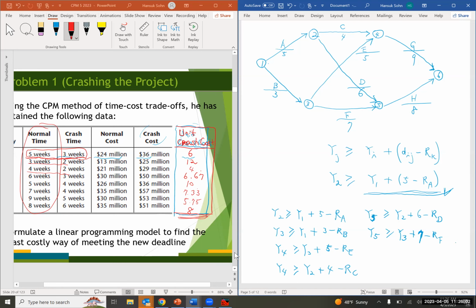Likewise, for arc 4, 6, it's going to be y sub 6 greater than or equal to y sub 4 plus 9 minus r sub g, right? So last one, for arc 5, 6, y sub 6 greater than or equal to y sub 5 plus 8 minus r sub h. Okay, so we need these 8 inequality constraints, right, for each arc in this AOA network diagram.